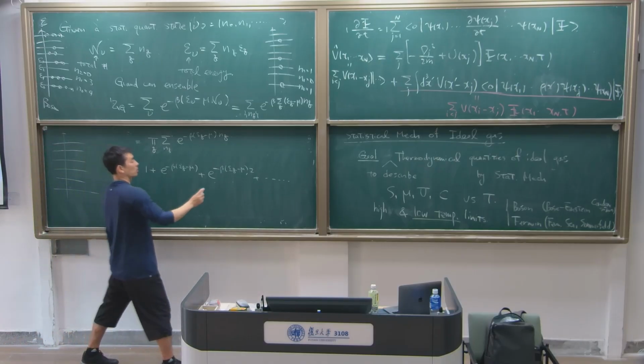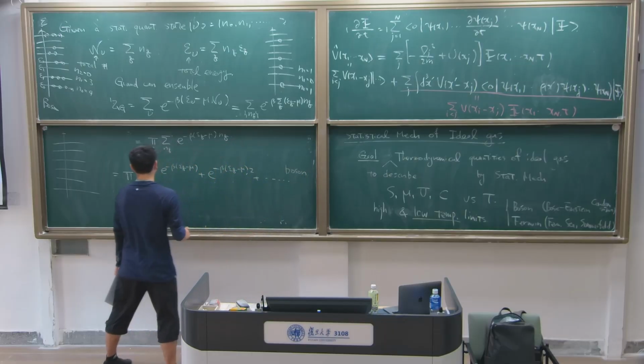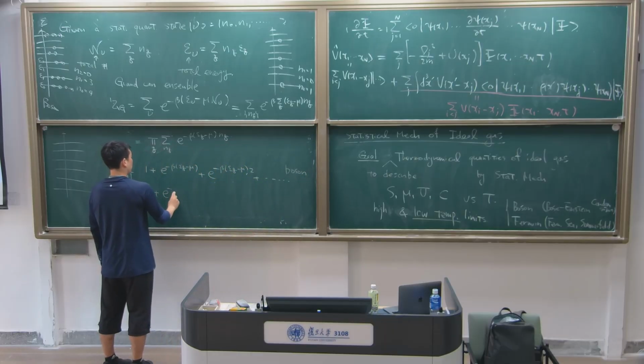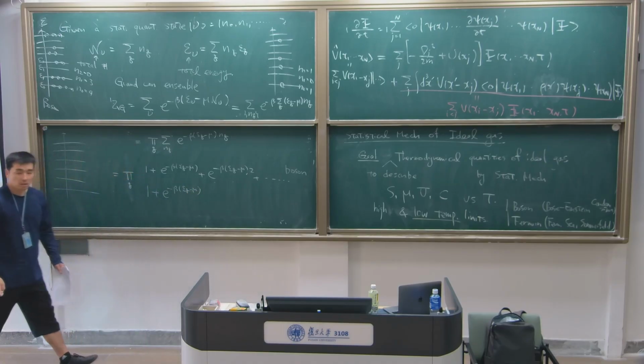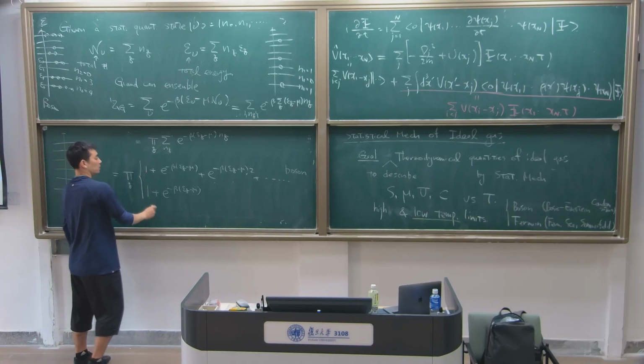On the other hand, for fermion, you have 1 plus e to the minus beta (epsilon_q minus mu). That's it.